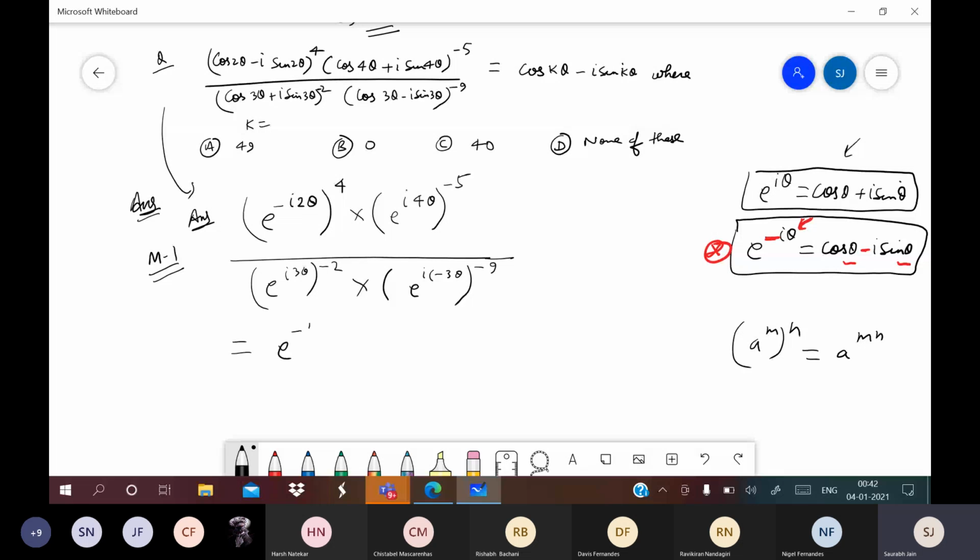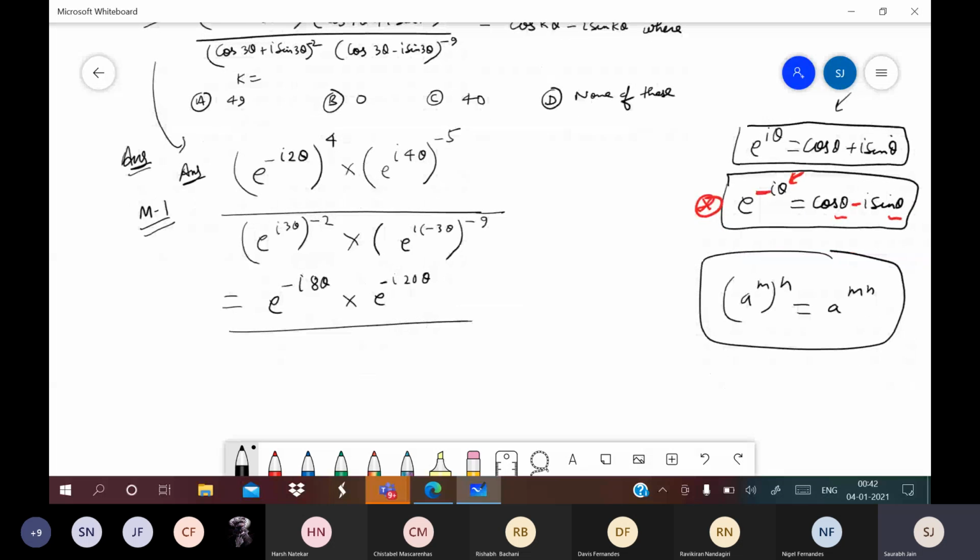So the first term will be e to the power minus iota 8 theta, because 2 will be multiplied with 4. Then similarly the next term will be e to the power iota minus 20 theta, so I write minus here and 20 theta. In the denominator, I am using the same property every time. So minus 6 iota theta, and minus is there, so 27 theta.